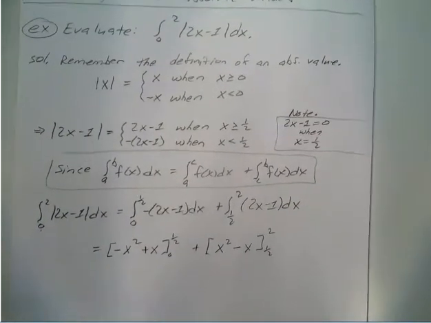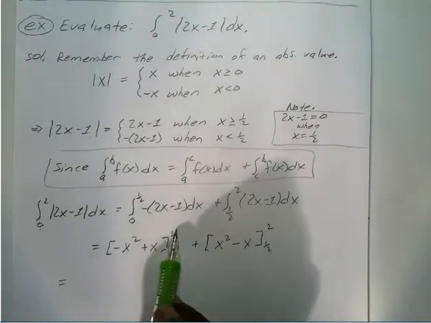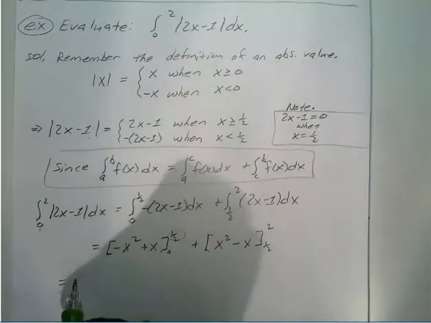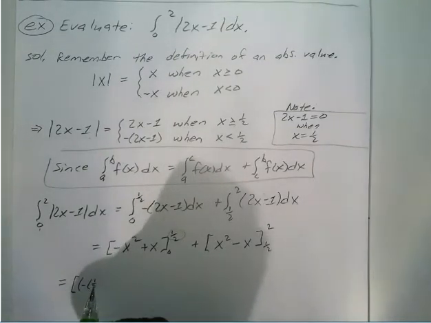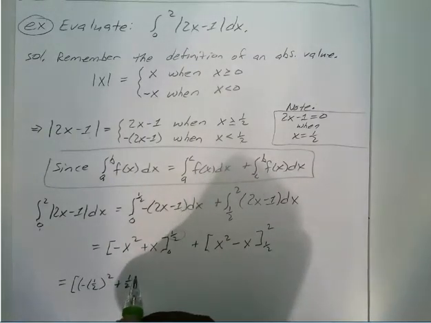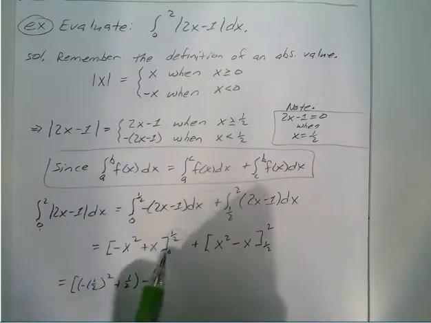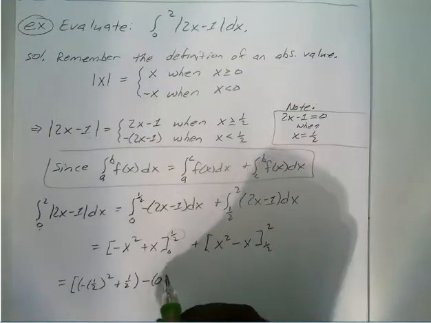So it's equal to, remember we plug in our b here. That's negative 1/2 squared plus 1/2, minus, now we plug in our 0, that's just 0 plus 0.